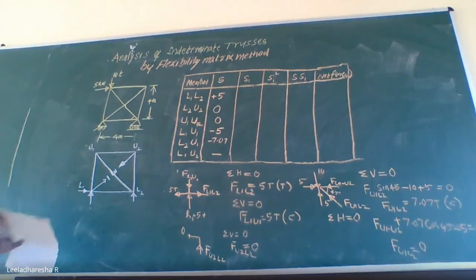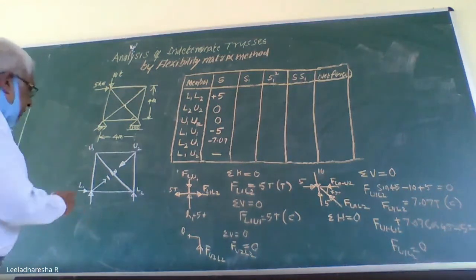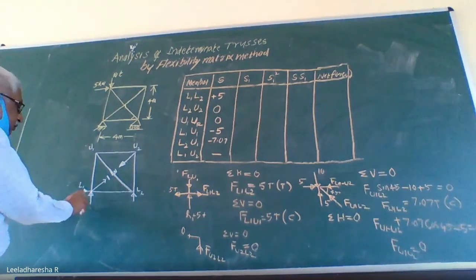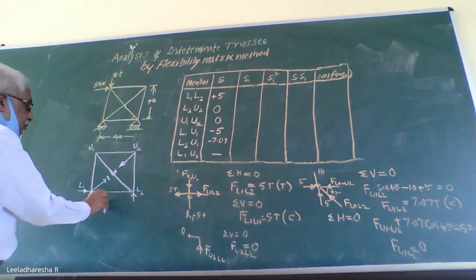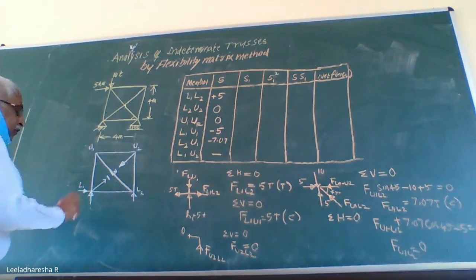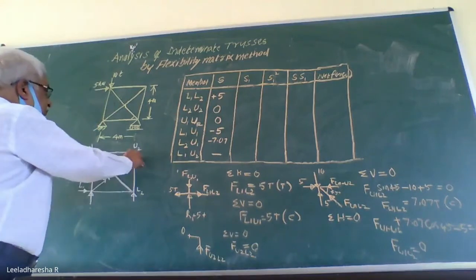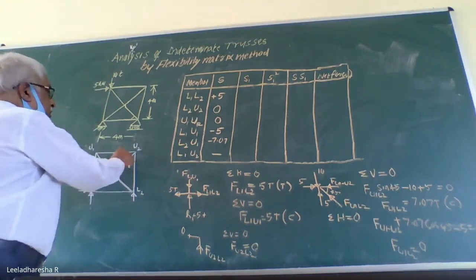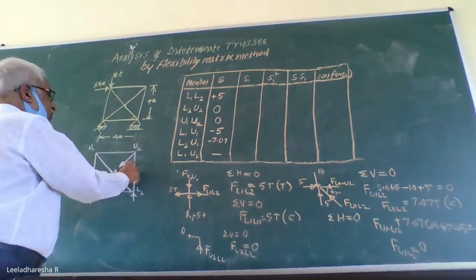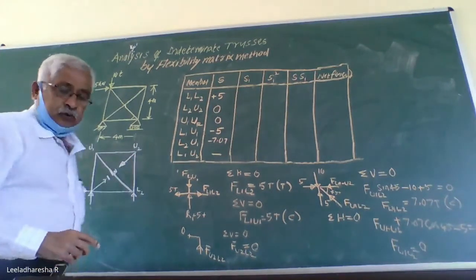See, you need to consider the joint which has only two unknowns. If I consider this joint, I do not know these two reactions. Once again, I do not know the force in this member. So, it will be 4 unknowns. So, you cannot select that particular joint. Think of this joint, U2. Only two unknown force members are there. So, we can analyze this particular joint U2.